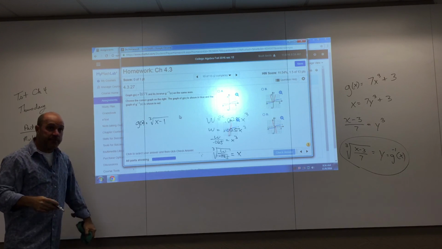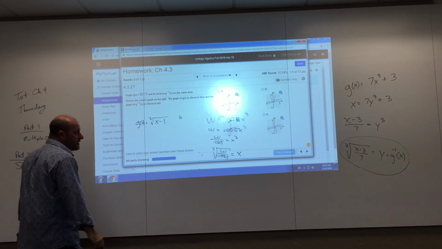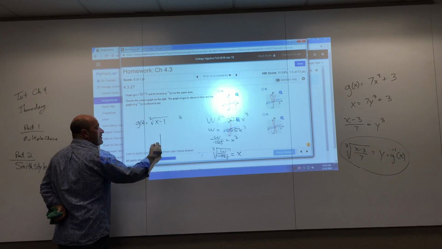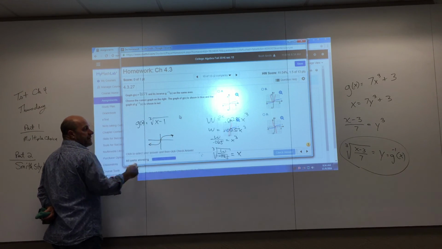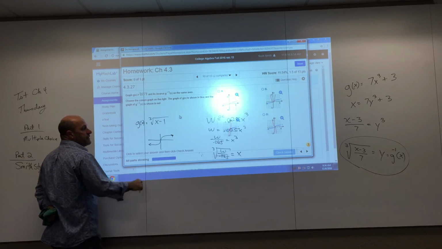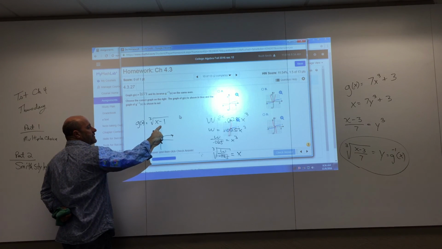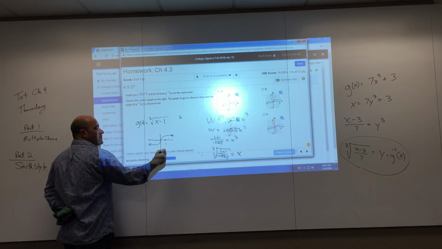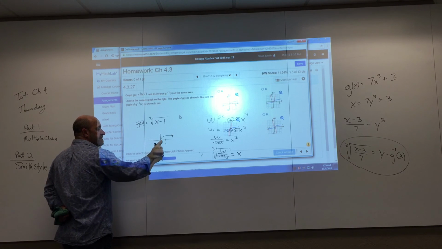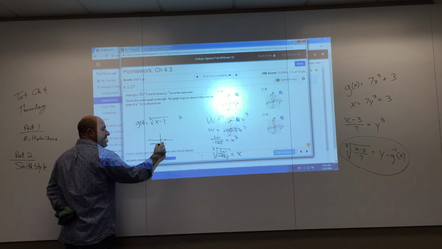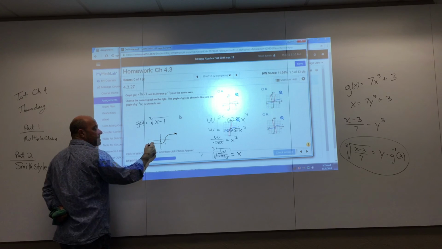We got a basic shape that we've studied, and we know how to shift it. I'll remind you that the basic shape is this sideways cube root function here. But how has it been shifted? To the right one. He's right. So it goes over to the right one. So this function, g, is this guy shifted over to the right one.